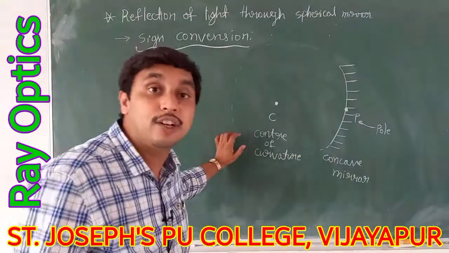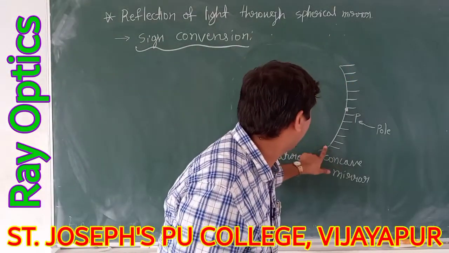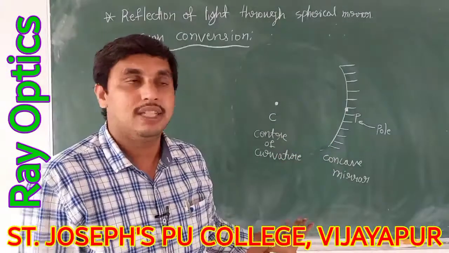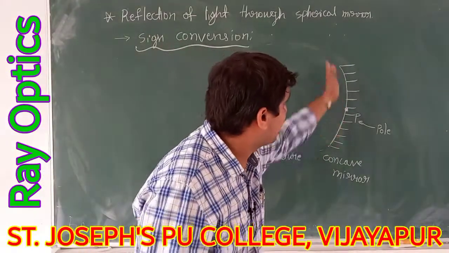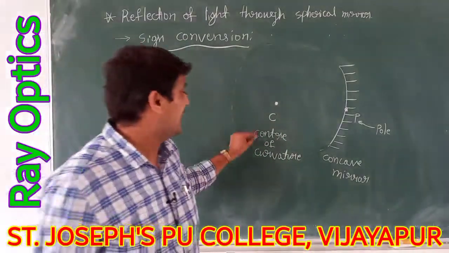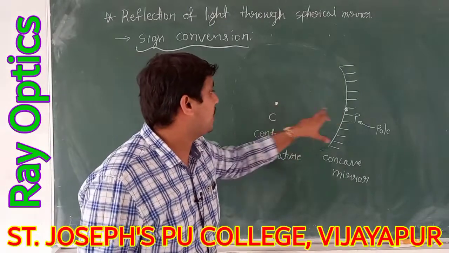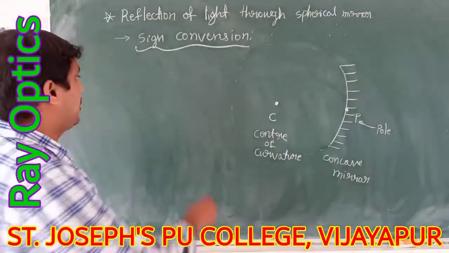Why do we call it the center of curvature? Because it is the center of the part of the spherical mirror. It is just like a part of a spherical mirror, the curvature will be there. So for that purpose, we call it the center of curvature. Okay. So this is the center of curvature, and this will be the pole of the mirror.